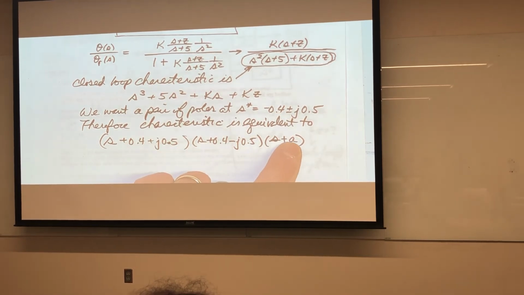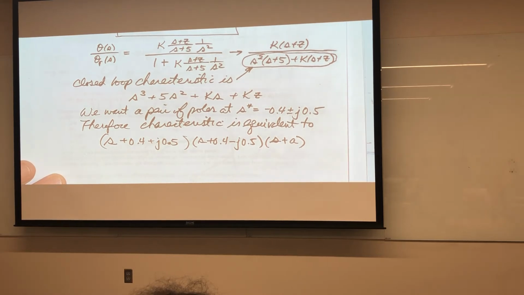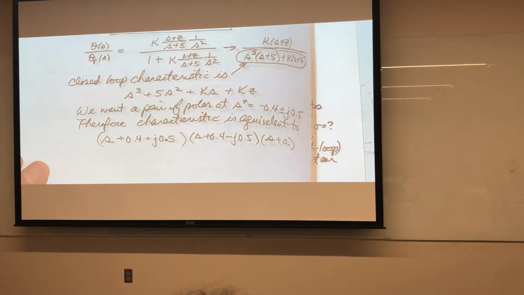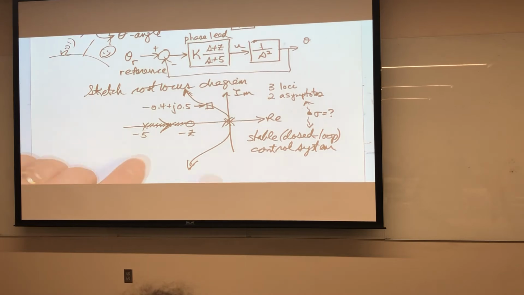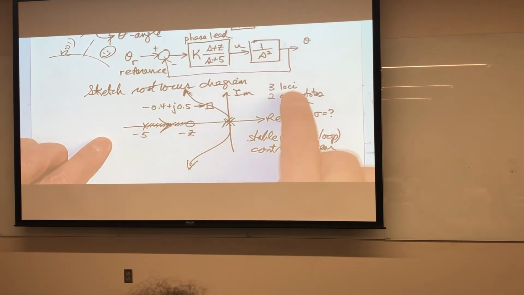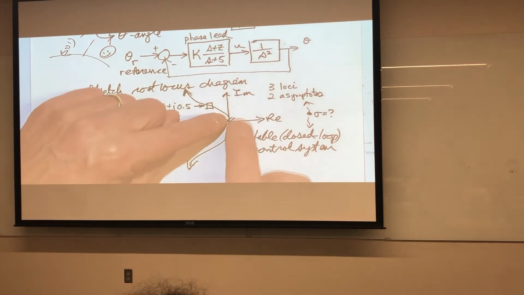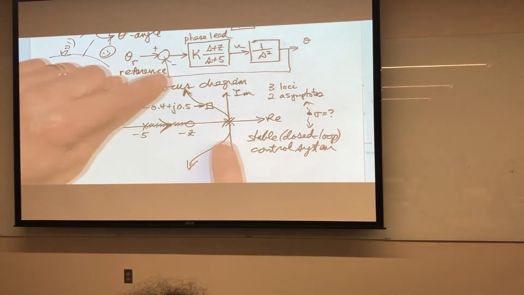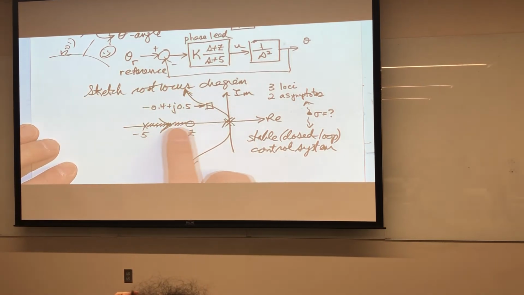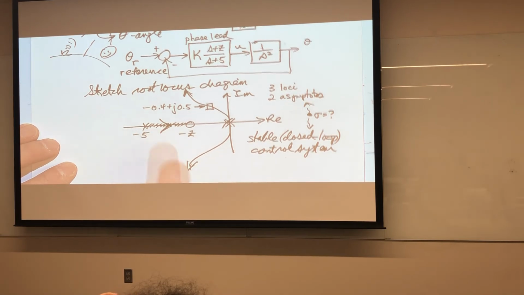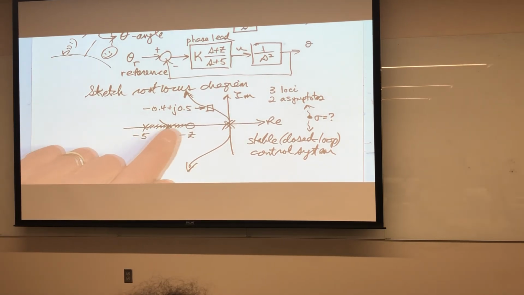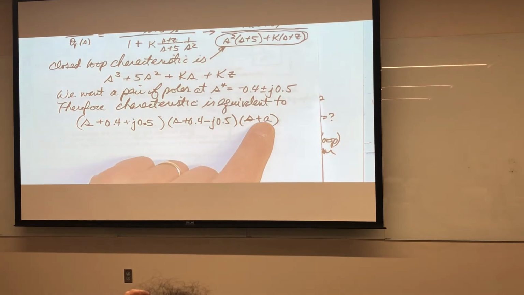And so there must be a third pole that we don't know. Let's go back to our root locus diagram. Our root locus diagram says that we have 3 poles. You see, we have 3 loci. A pair of them will evolve along this set of curves. And there will be another one somewhere out here. So this one, we don't know where it is, but it corresponds to that factor.